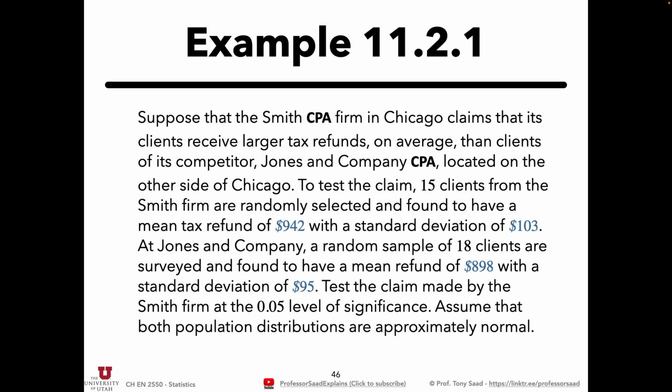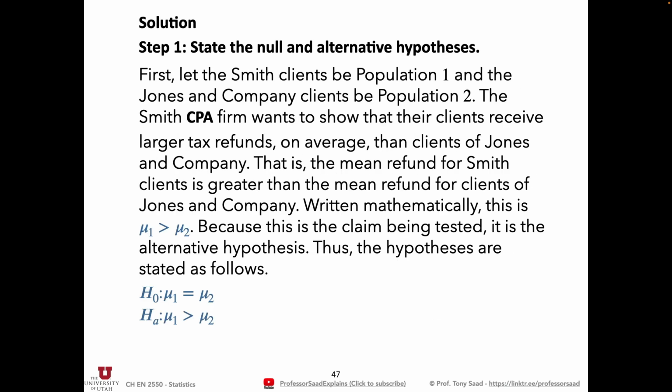The null hypothesis, therefore, is the other side of that, in other words, there's no difference in the mean tax refund, or it could be less. But we're just going to put an equal sign. So this is my claim for the null and alternative hypotheses.